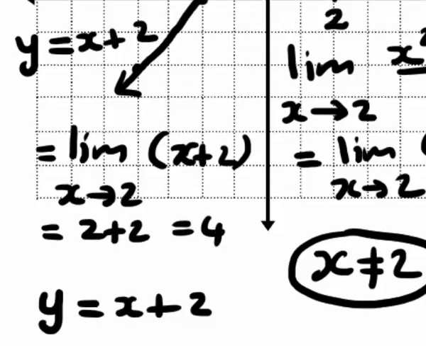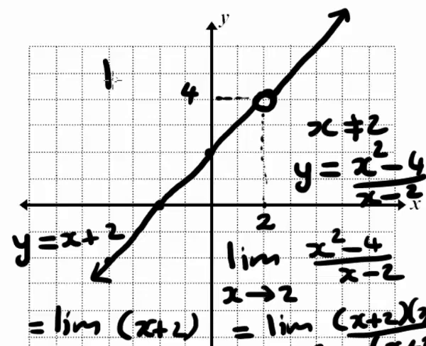Now watch this. The 4 is the limit. The y value is the limit approached. If x is approaching 2 in either direction, the y value is approaching 4. But at x equals 2, the y value is not defined.